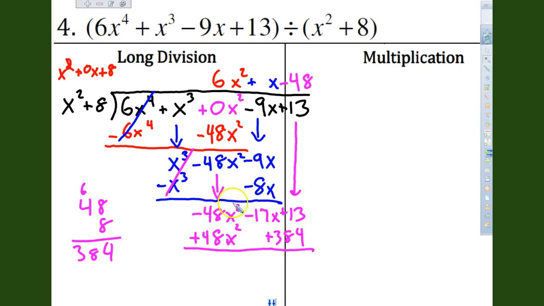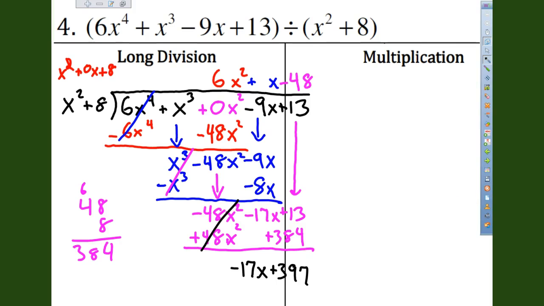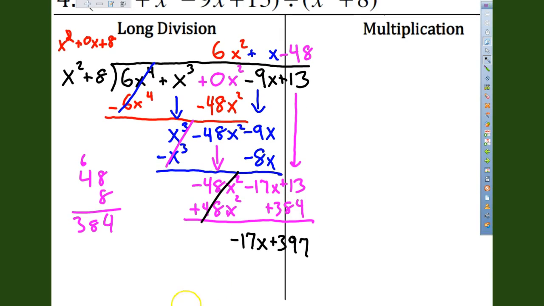So this could be a little misleading because we're used to thinking, if the numbers get too big, that must mean there's a mistake. But in this case, no, we can have a remainder of negative 17x plus 397, and that is the correct remainder. Okay. So I'll leave it up to you if you want this to be one of the ones that you check.